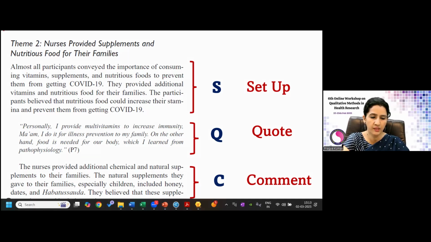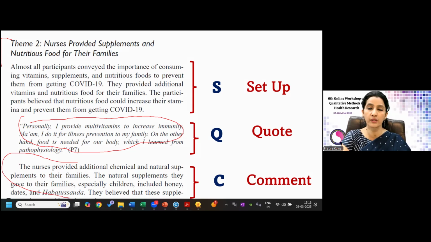If you see this quote, this is the setup for this quote, and then you comment. So your final comment, and here also, because you cannot put the quotes of all the participants, you kind of summarize all the others. They have written that they are giving the natural supplements also. It has also come from the quote only, but they cannot write that quote here.